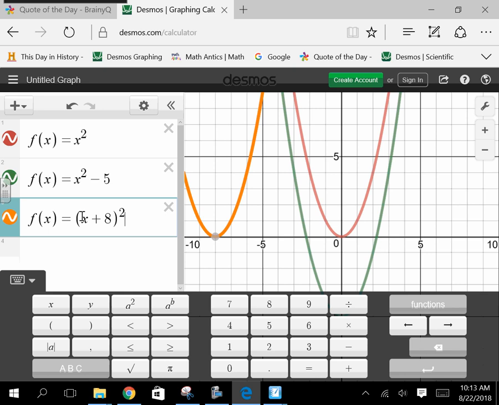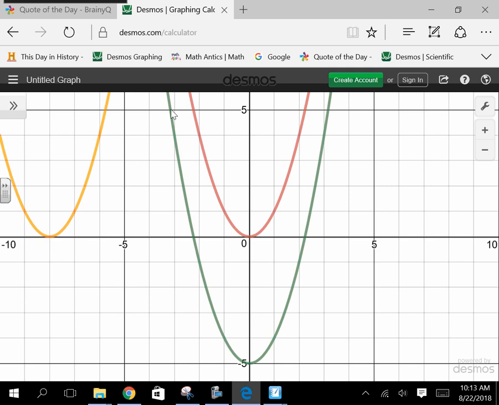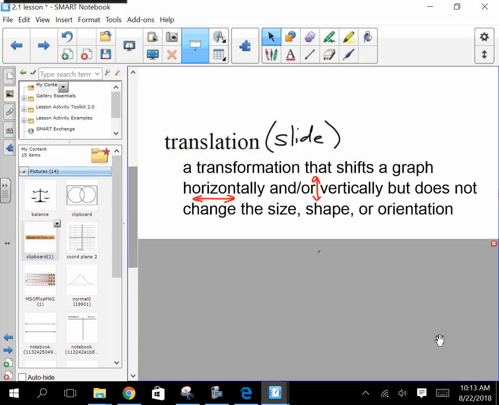And the orange one, I moved the original parent function to the left 8 units. It's kind of weird because I put plus 8. You would think that's going to go to the right, but it actually goes to the left. It's kind of counterintuitive. Left 8, down 5. So the parent is having children. Let's go on to the next kind of transformation. That's called a translation. When you slide something, translation. Next one.